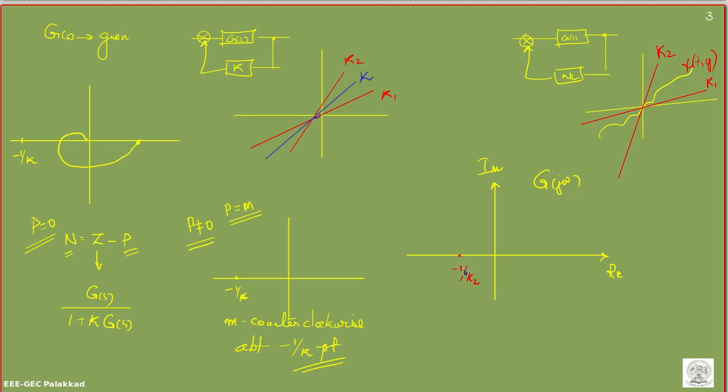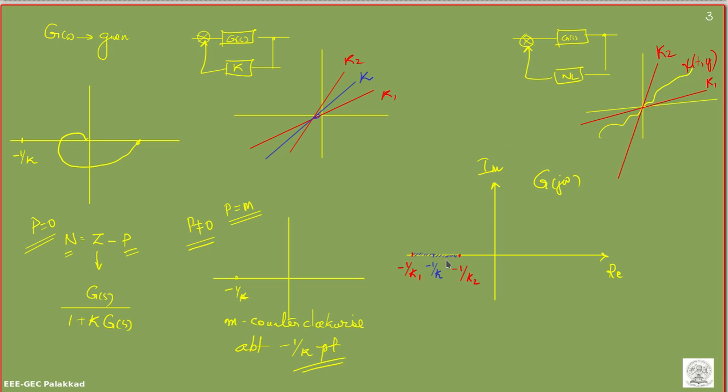So I have minus 1 by K2 near to the 0 point, and this would be minus 1 by K1. So where would be K? This K would be somewhere between these 2 points, like this is minus 1 by K. If I move K from this point to this point, it would cover the whole area.